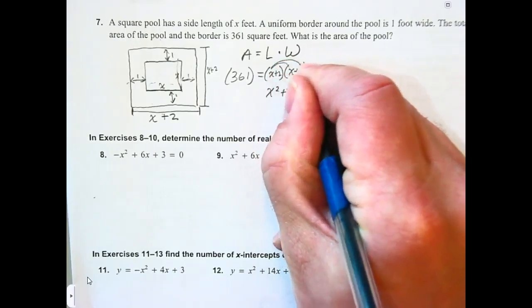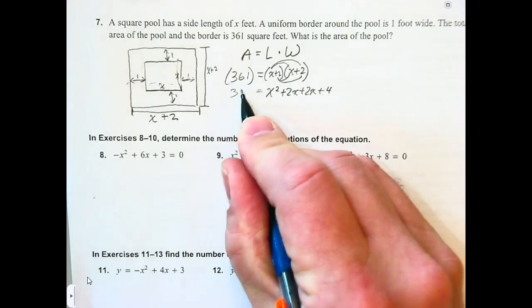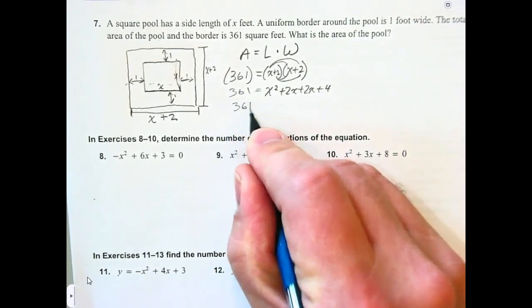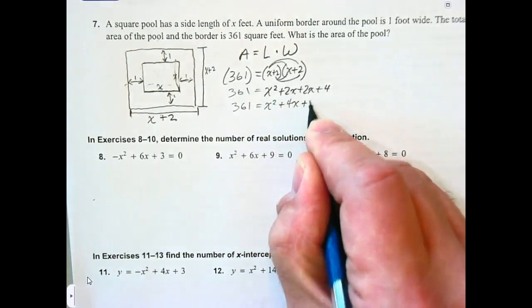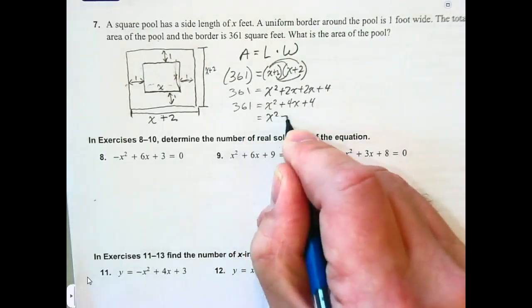What about the 361? Okay, remember that right there. And set it equal to 0.